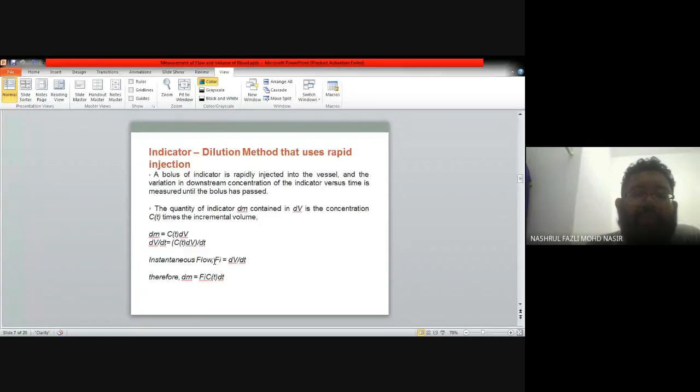So we have this flow Fi, instantaneous flow, instantaneous because it has something to do with your bolus. It's dV/dt, therefore dM, because dM equals Fi C dt.